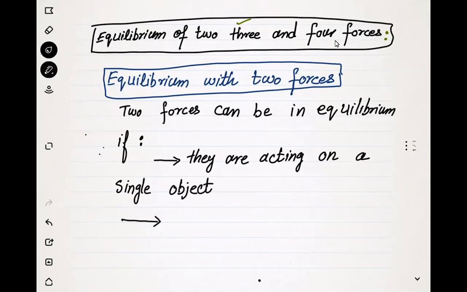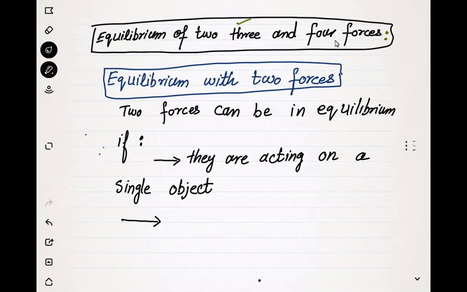For 2 forces to be in equilibrium, they must be acting on a single object. 2 forces acting on 2 different objects can never be balanced. They can never cancel out each other. So for 2 forces to be in equilibrium, they must be acting on a single object.